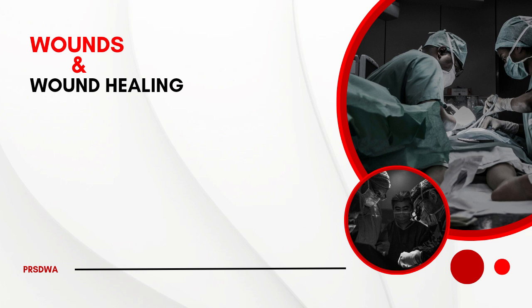So then other systemic factors, those that have poorly controlled comorbidities, poorly controlled diabetes, immunosuppression, all those things are systemic factors that can affect wound healing. So those are some things that can affect wound healing, the local and the systemic factors.